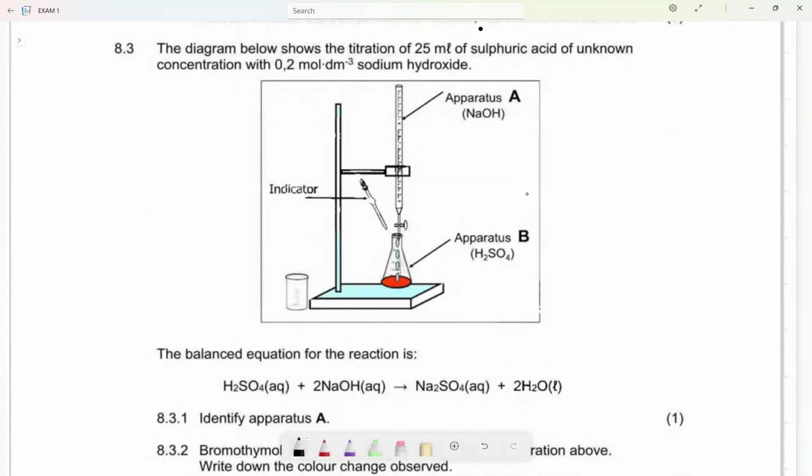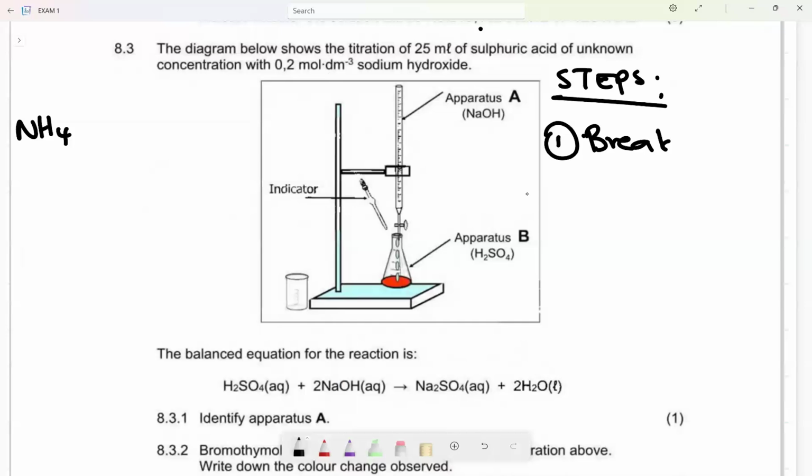Say we have NH4Cl. The first step, you need to ionize or dissociate it. It is a salt, so break it. In simple English, break it again.